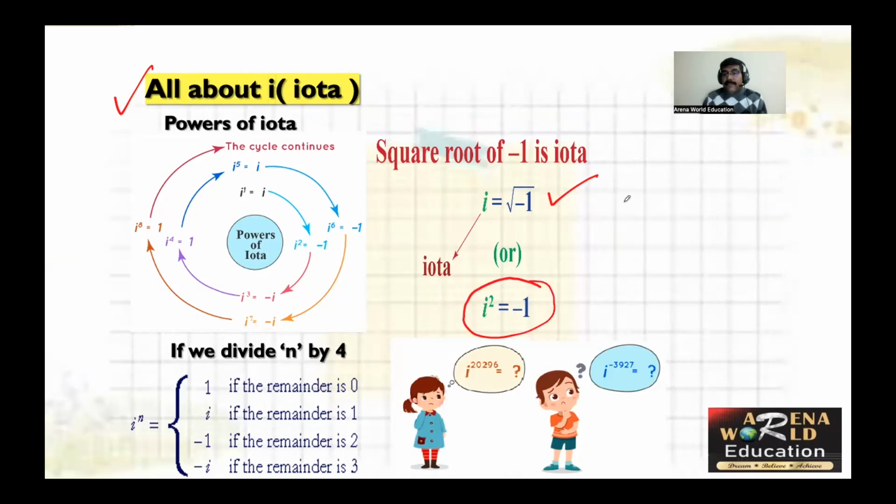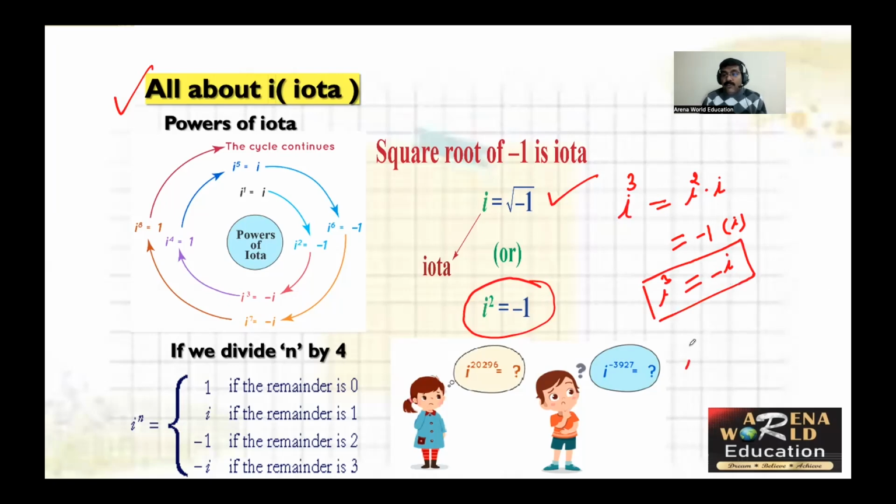If we take the cube of iota, then iota cube is equal to iota square into iota, right? And iota square is minus 1. So minus 1 into iota is simply minus iota. It means the value of iota cube is minus iota.